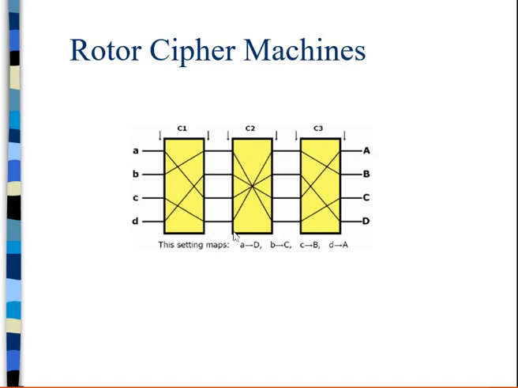Then this output is mapped randomly, and so on. In this example, after executing 3 rounds, you can see that letter A is mapped to letter D, B is mapped to C, and so on.